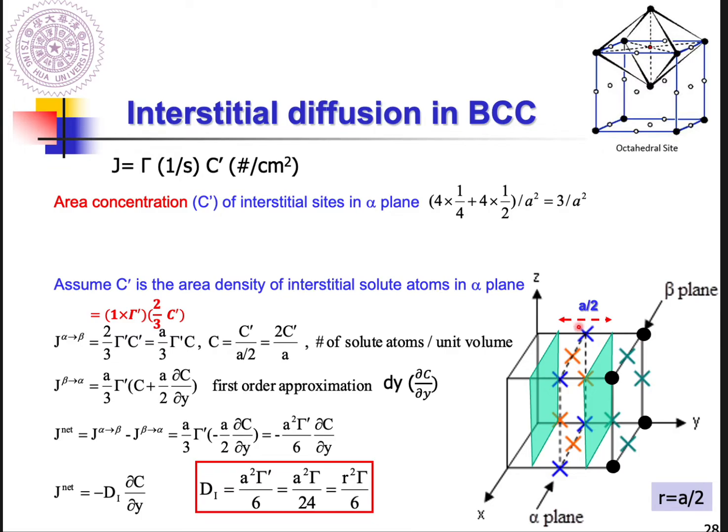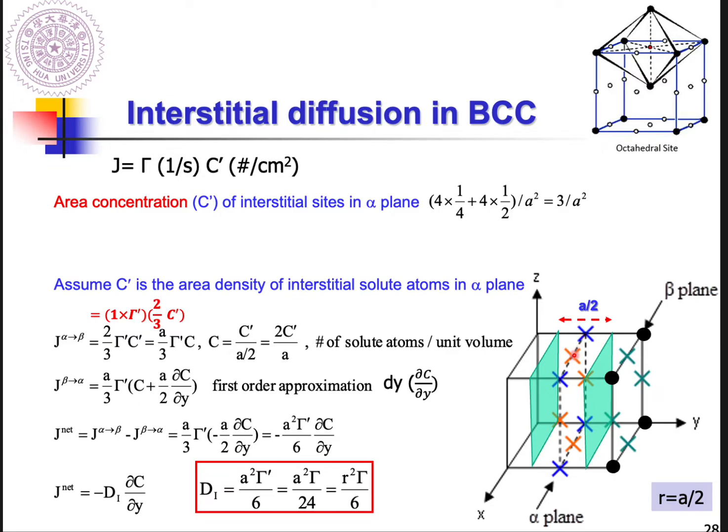We use the blue and orange crosses to label different types of interstitial sites on the alpha plane. You can see the orange ones are at the face center, and the blue crosses are at the corners.